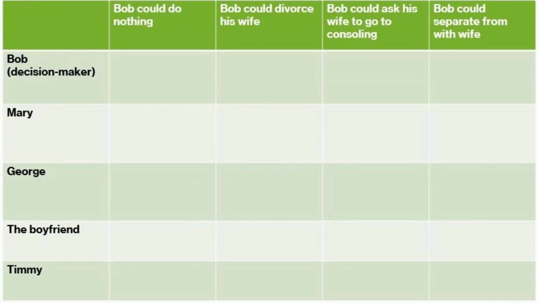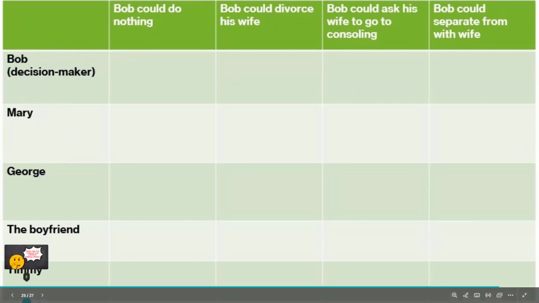Because some people will ask, should Bob divorce his wife? And then the first person they put in there is like the neighbor. No, Bob's the decision maker. We said it in the question. We put those together because we need to make sure that these options follow with what Bob can do. So we have Bob labeled as a decision maker, and we just put everybody else in a box.